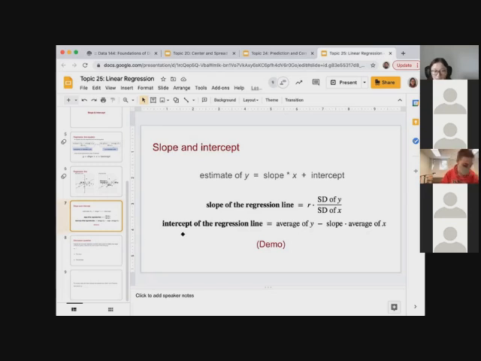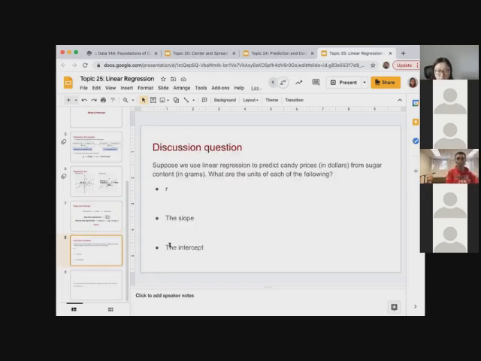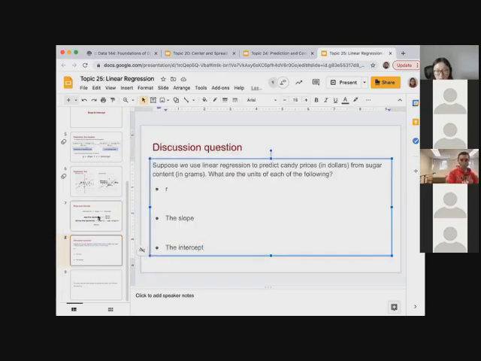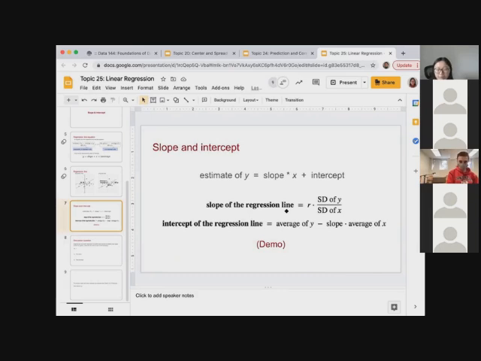The last one is the intercept. What was said earlier is that it will have the unit of Y, which is dollars in this case. Again, the intercept is the average of Y minus the slope times the average of X. Those two need to have the same units in the first place.